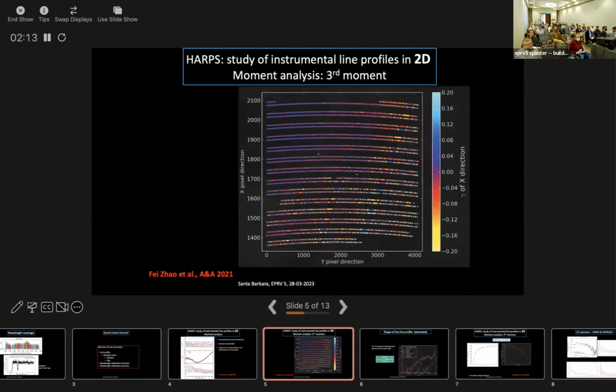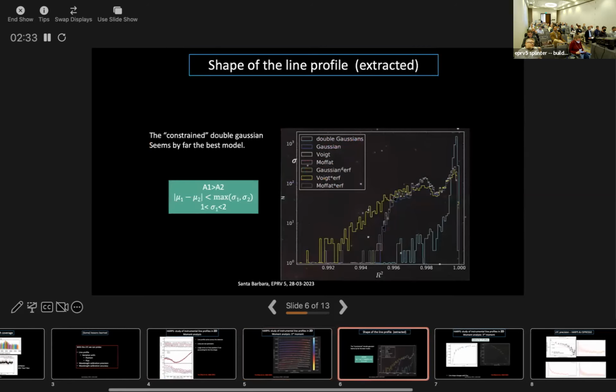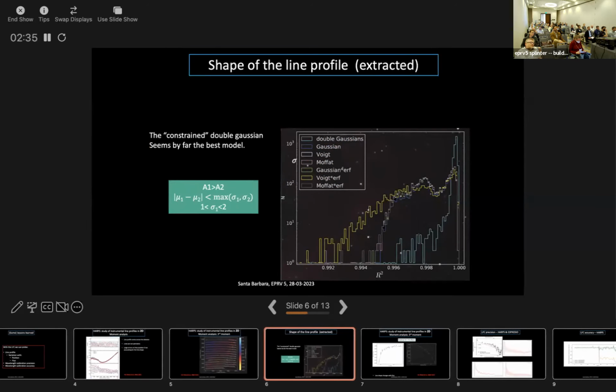You can see here again the third moment in 2D in the X and Y, and for the various orders of this specific chip, and you see that it changes along the face of the detector. And you have to take this into account when you want actually to fit properly your lines.